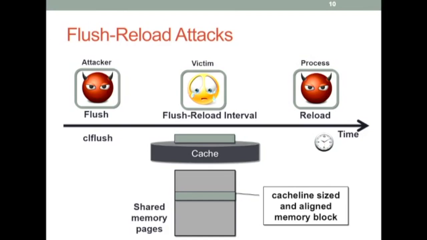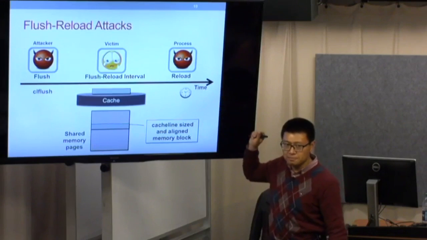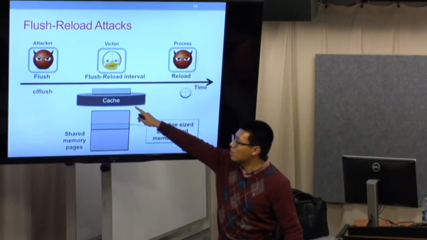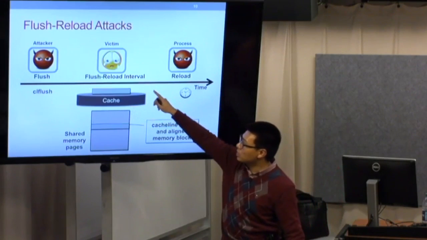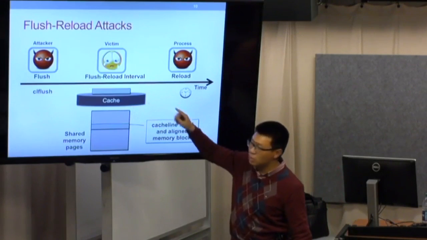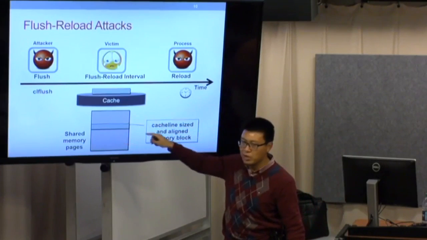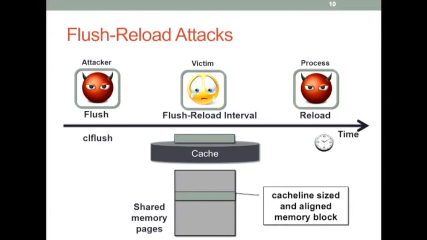But on the contrary, if the reload is very fast, then that means the reload is from the cache directly, and that also means the victim during the flush-reload interval has somehow touched this shared memory page. And this is how the attacker can learn whether a certain cache line has been used by the victim or not during a certain period of time. So this is called a flush reload attack.